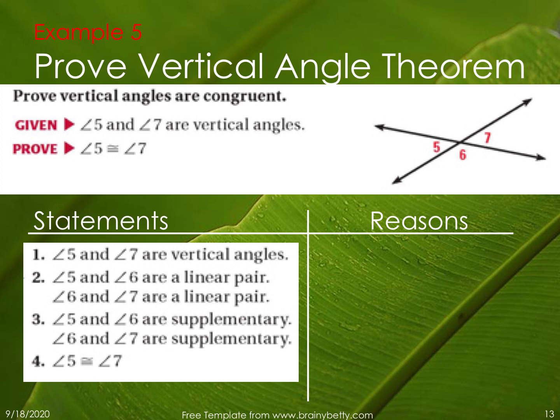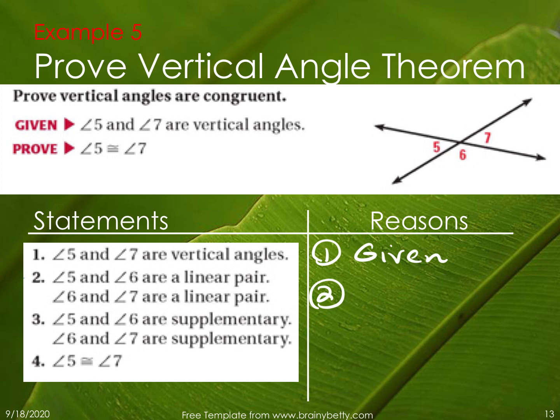So I'm going to go ahead now, and we need to come up with all of the reasons for the statements that they provided. Remember, statement number 1 was given to us, so our reason is given. Then statement number 2, they're talking about 5 and 6 being a linear pair, and 6 and 7.